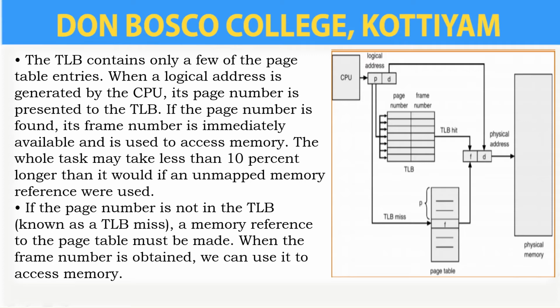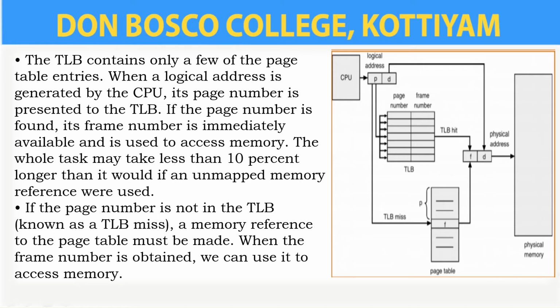If a match is found, that is known as a TLB hit. When we get a TLB hit, it will get the frame number and it can access the data from the physical memory.